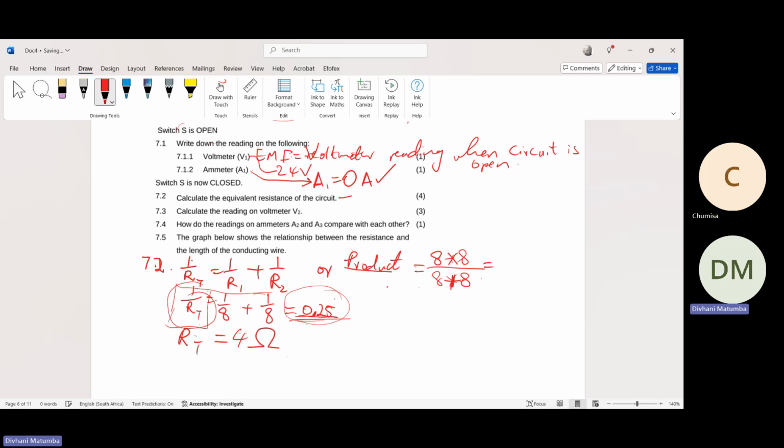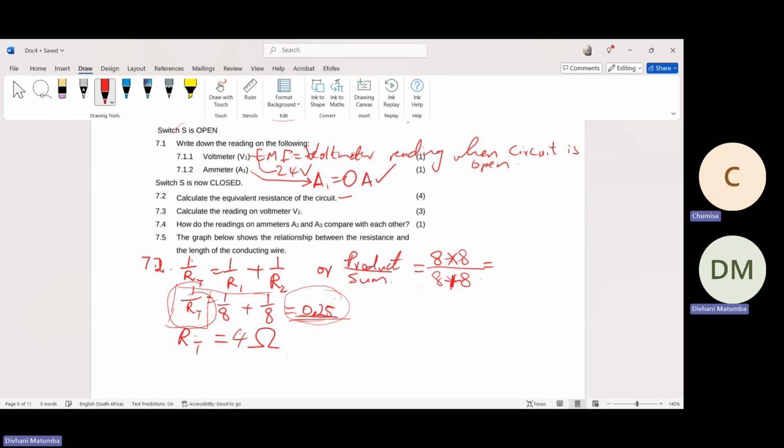8 times 8 divided by 8 plus 8. Yes, sir, I got 16. No, go and use your calculator properly.